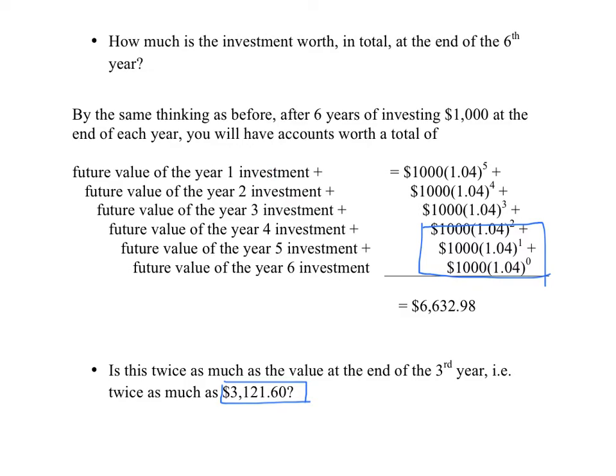This is the $1,000 that has sat in the bank the longest, and thus the first 3 investments have sat in the bank 3 years, 4 years, 5 years, so they're going to contribute an amount which is actually rather greater than what the last 3 years will contribute. So the final 3 years are the ones that sit in the bank for the shortest period of time, and they contribute less than the first 3 years, which have sat in the bank longer.